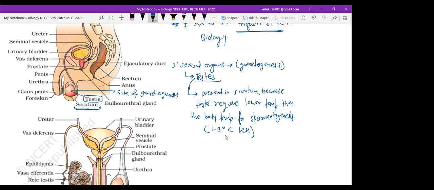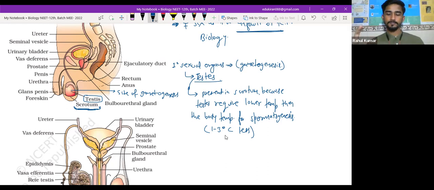Written? Yes. And I told you that the testes descend down into the scrotum at the time of birth. But there is a disorder in which they fail to descend down.